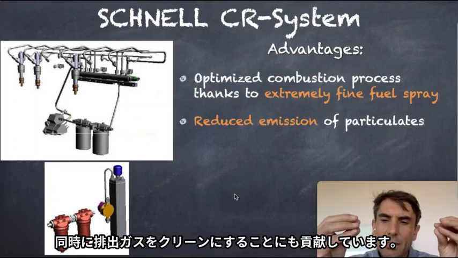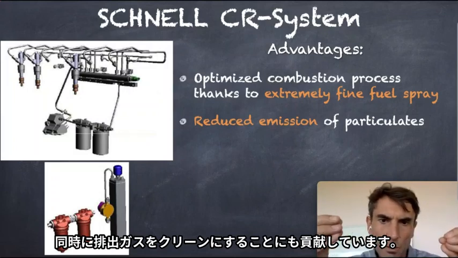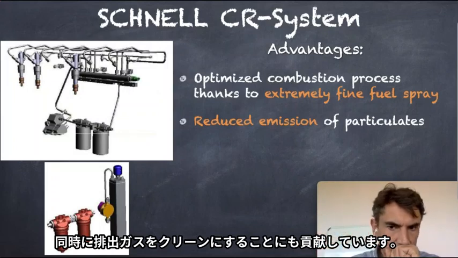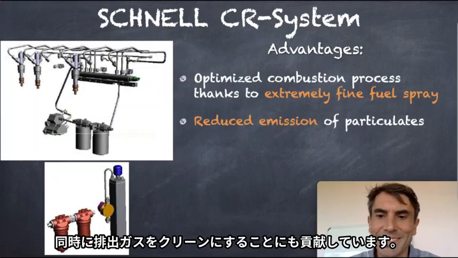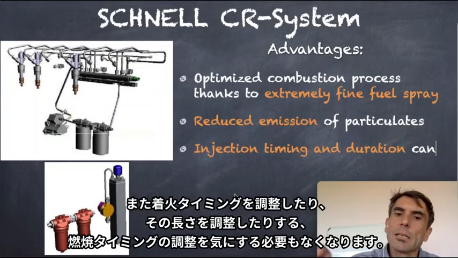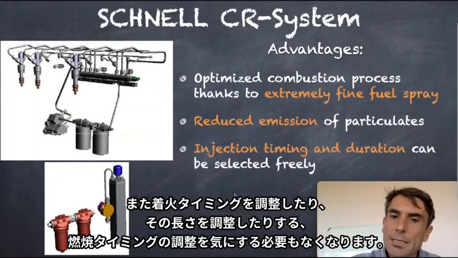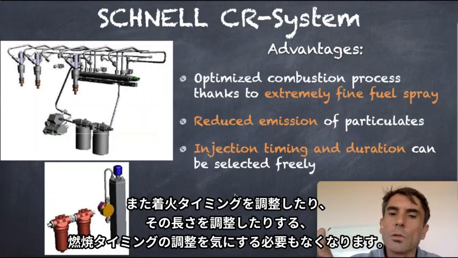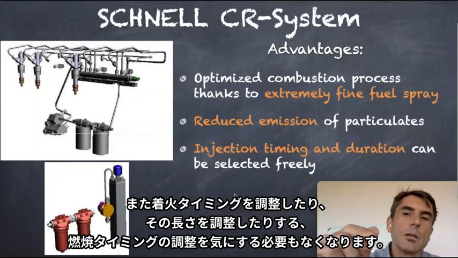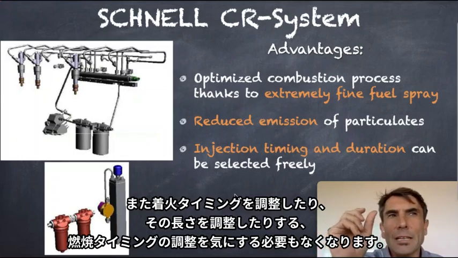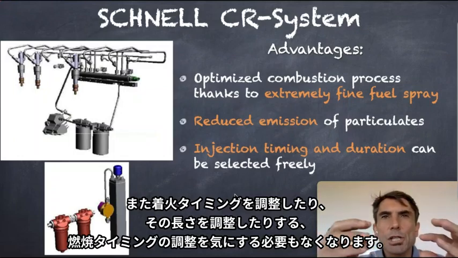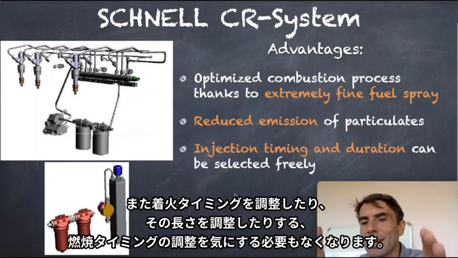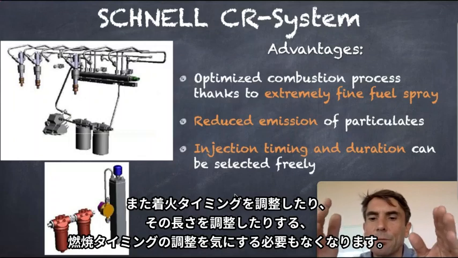Through the design of the system, we can reduce emissions. And through the flexibility of the common rail system, we are totally free to select the injection time, the length, and the position: when we start injection and how long we inject the fuel.